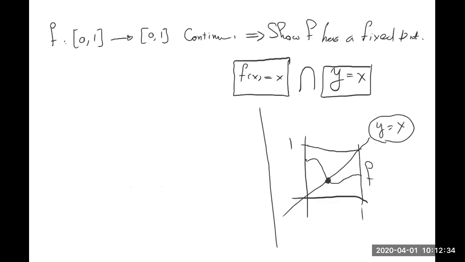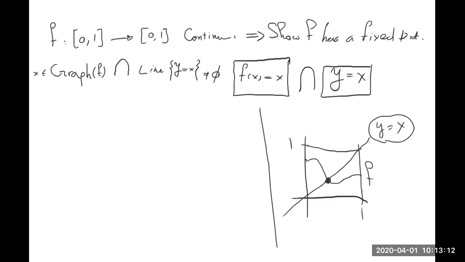We want to show the graph of f and the line y equals x always have some intersection. The intersection of these two things is always non-empty. There always exists a point x here. That's what we want to show.